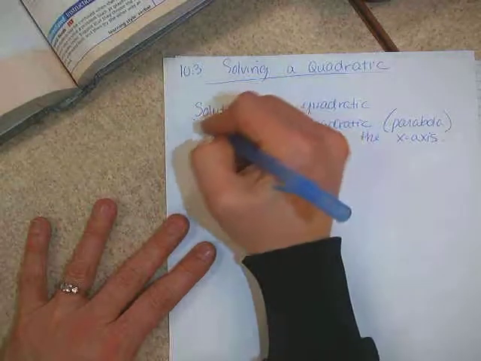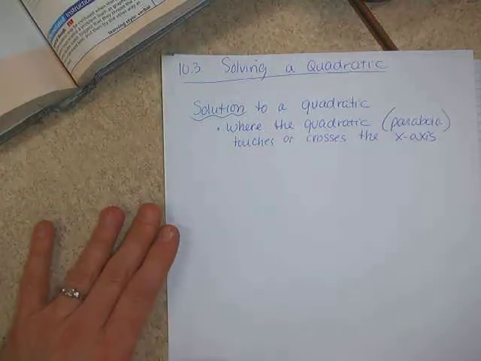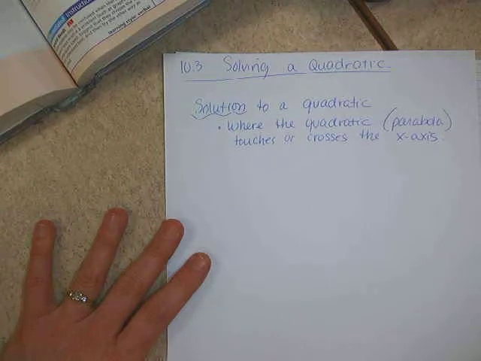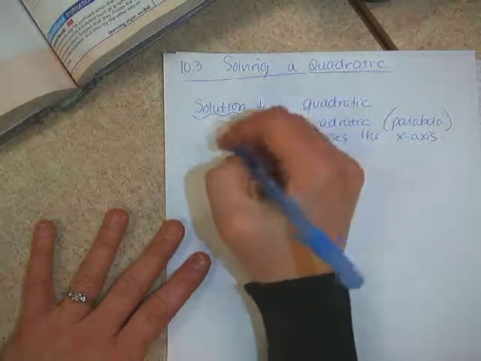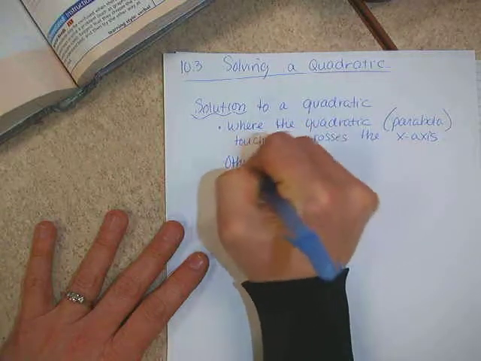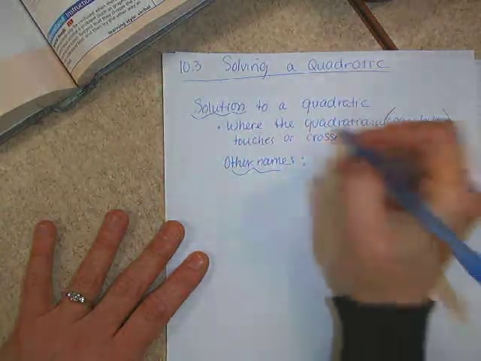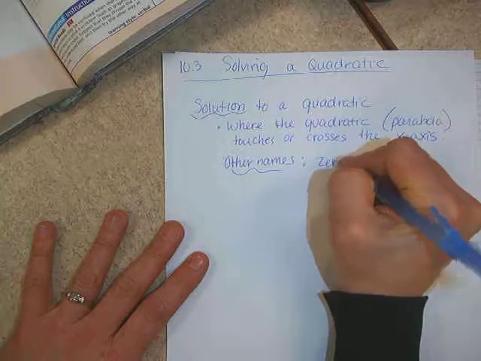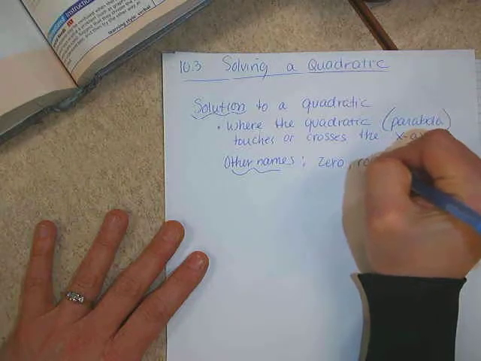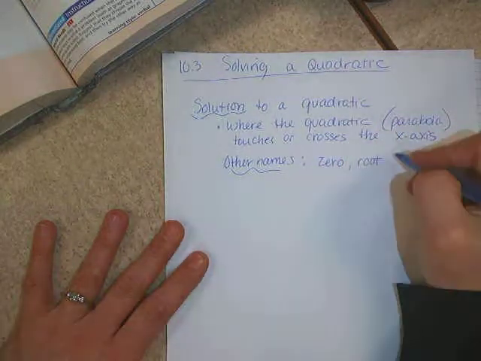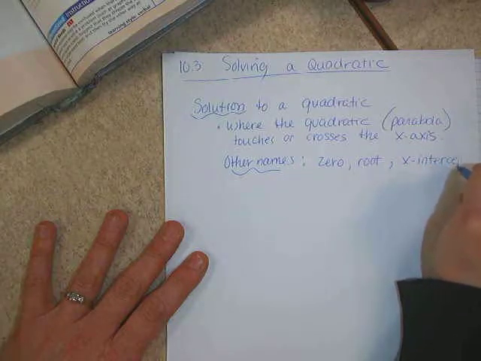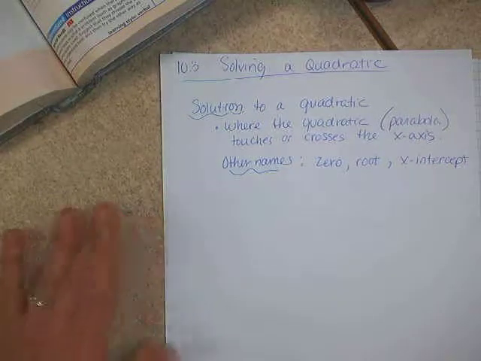other names for solutions, and it depends on the context, but you might see this in other courses. A solution, I'll put down other names. Solution might be called a zero, a root, or simply an x-intercept.